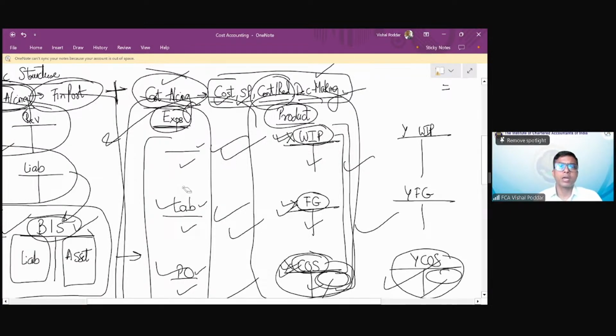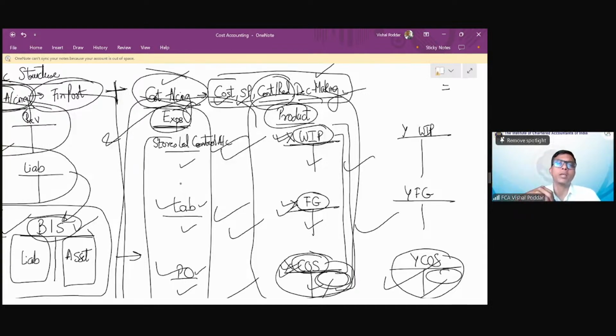That is why this account is called stores ledger control. So what we call materials in our simple language is now called stores ledger control account in their technical language. So while solving sums, you will use this terminology, stores ledger control.